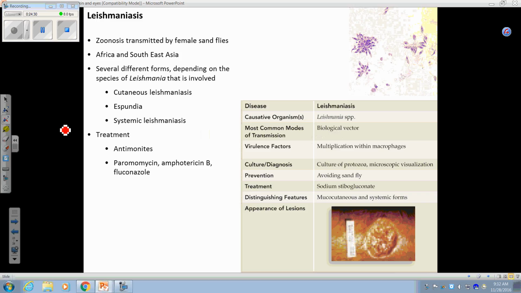Leishmaniasis. Another quite interesting infection. It's actually a protozoan infection, a zoonotic infection that is transmitted by sandflies. You can see Leishmania parasites here. We call these parasites promastigotes.